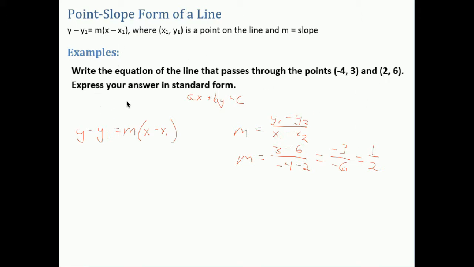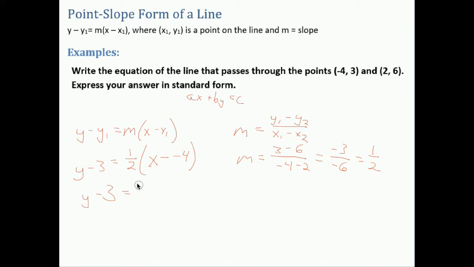So let's go ahead and use just this first point here. So we have y minus y sub 1, so minus 3, equals m, which we just found the slope, 1/2, times x minus negative 4. So we want this in standard form, so that means we want the x and y on one side and the constant on the other.